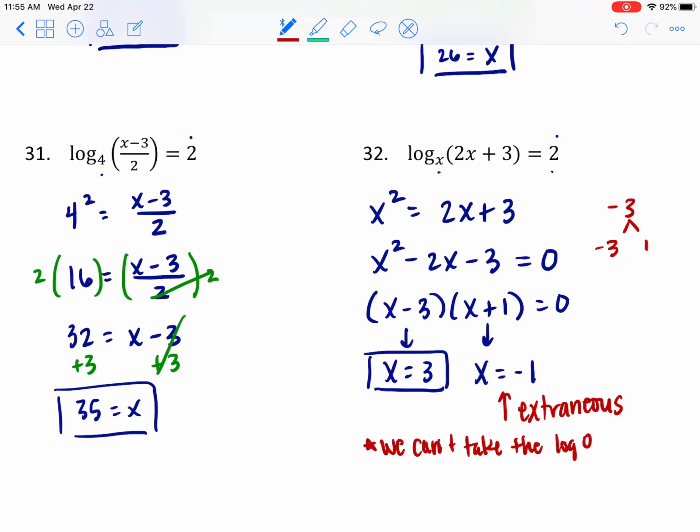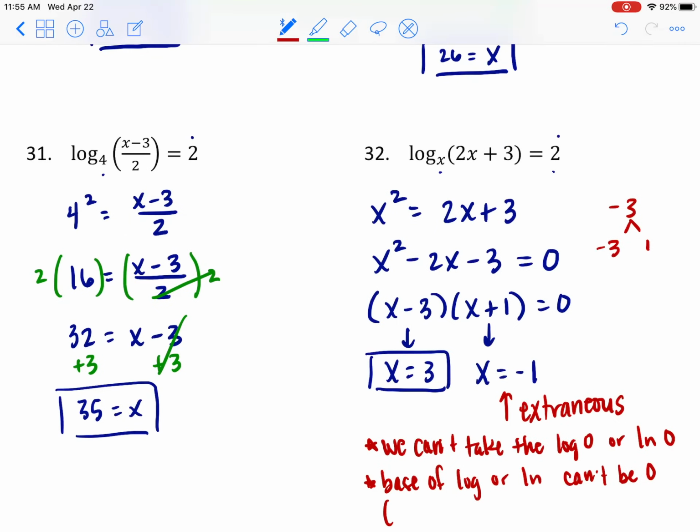But basically, we can't take the log of 0 or natural log of 0, and the base of log or natural log can't be 0 or negative.